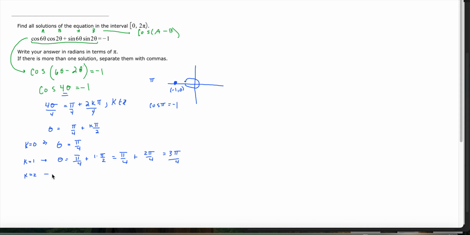If k is equal to 2, then theta is equal to pi over 4 plus 2 times pi over 2. That actually just reduces to pi. So pi over 4 plus, with a common denominator, 4 pi over 4. So we would have 5 pi over 4. Again, less than 2 pi, so we're going to keep going.